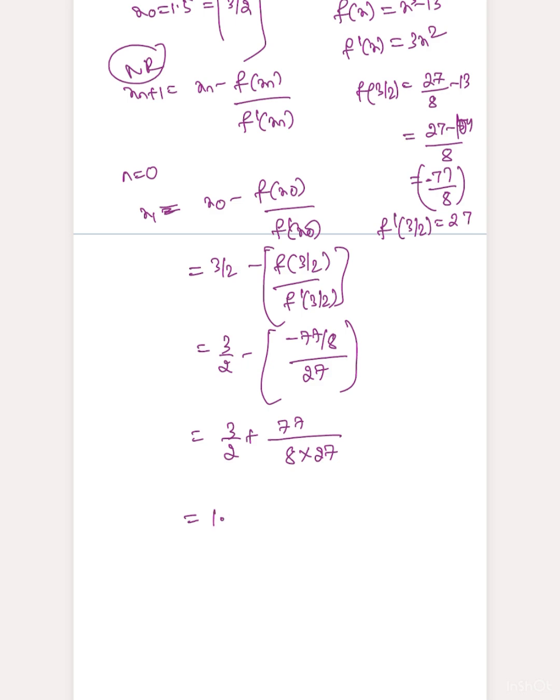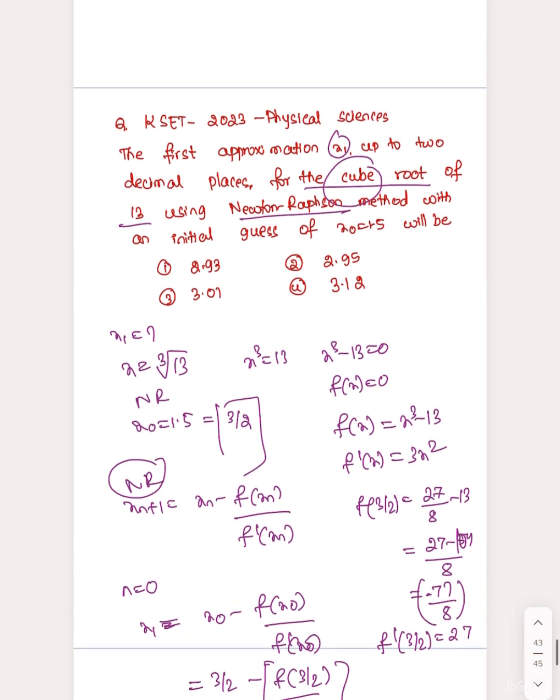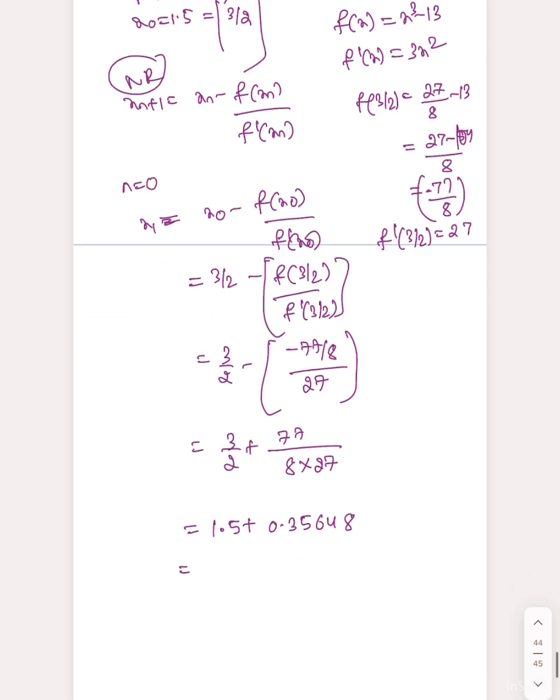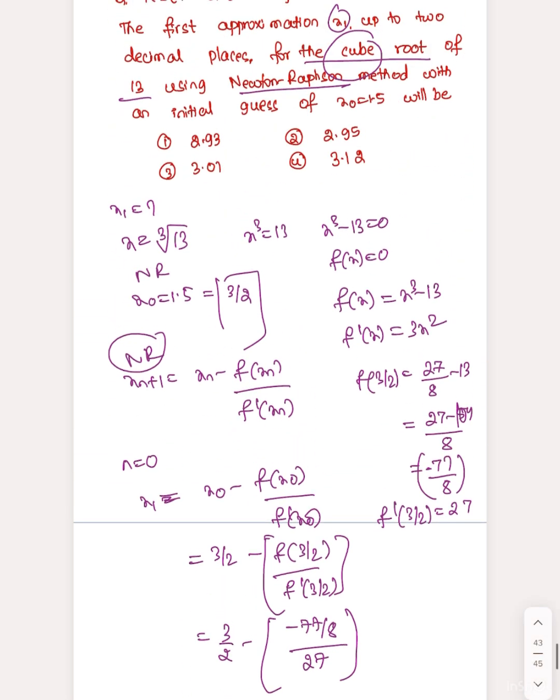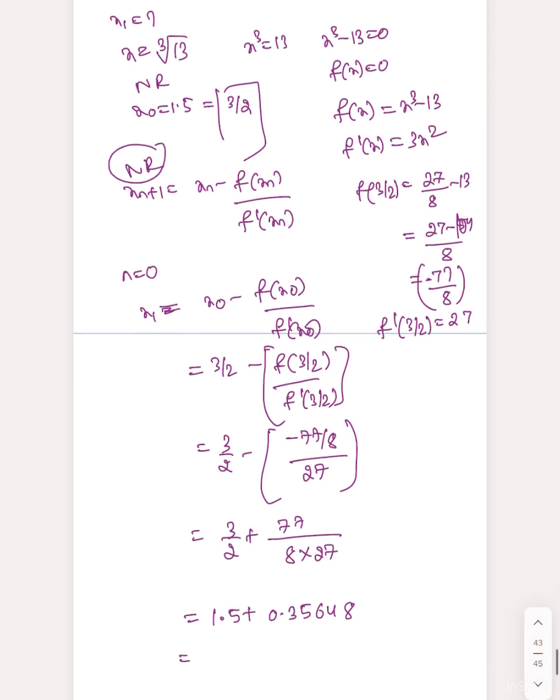This is 3 by 2 is 1.5 plus 0.35648. 77 by 8, what is that? 77 by 8 will be 9 point something, divided by 27.